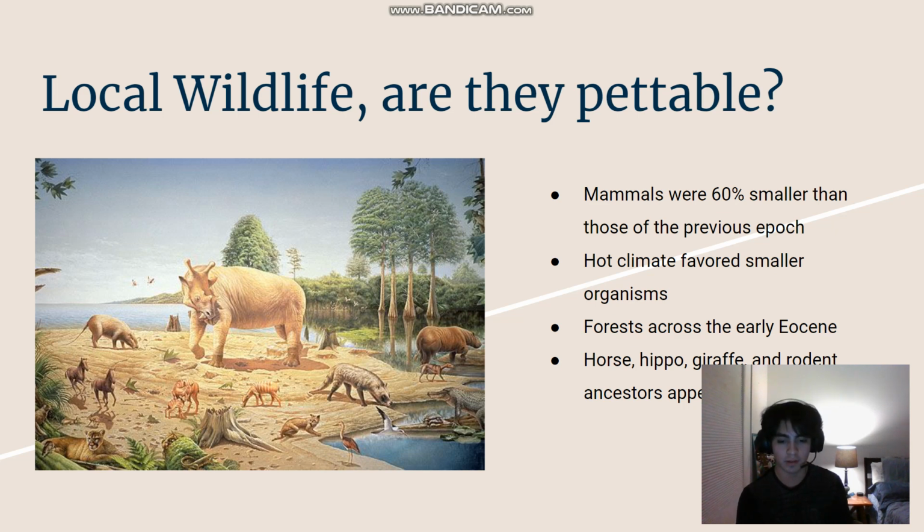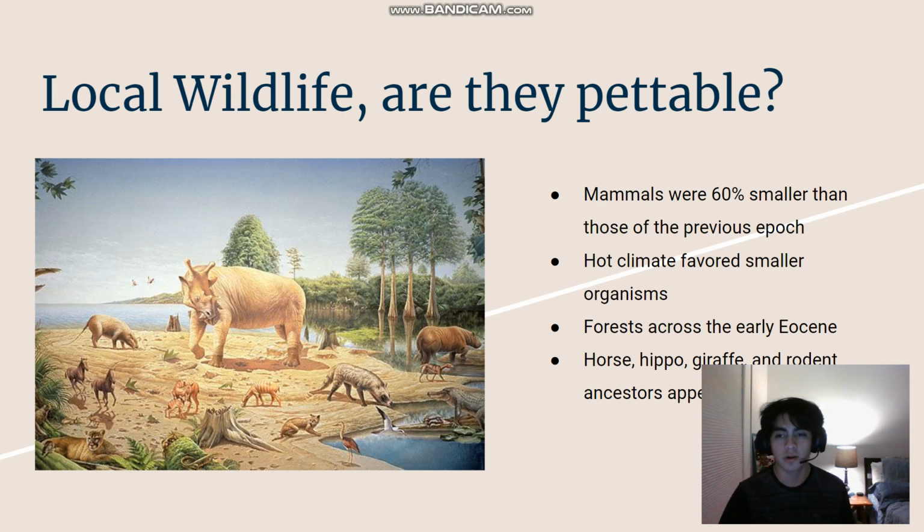So we see a lot of biodiversification. Mammals were many versions of themselves during this time due to the hot climate favoring smaller things. And then they increased in size towards the end of the epoch a little bit. Hoofed animals were also introduced during this time.